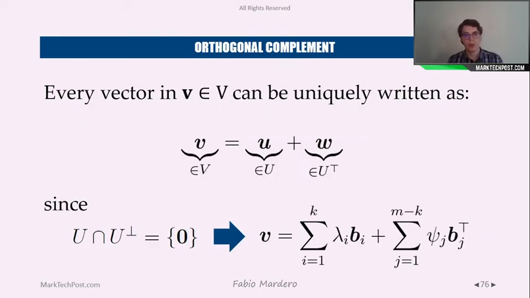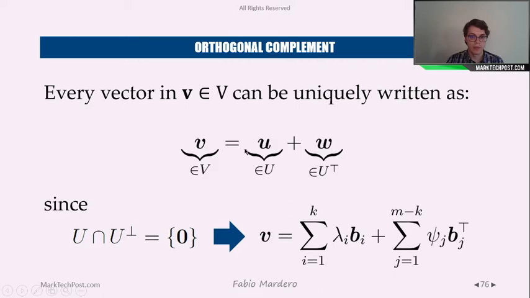Having defined the orthogonal complement, we can also prove one fundamental property. Every vector in our general vector space can in fact be expressed as the sum of two vectors. One of these lies onto our defined subspace and the other on the orthogonal complement of that subspace.